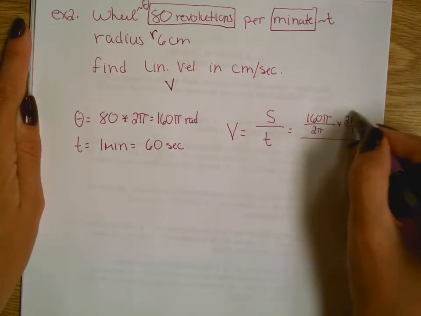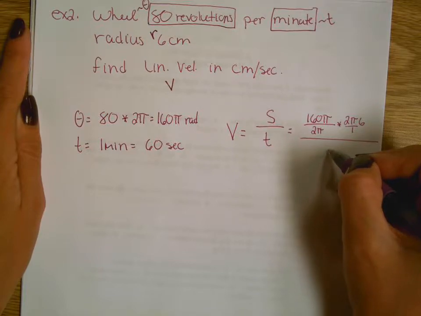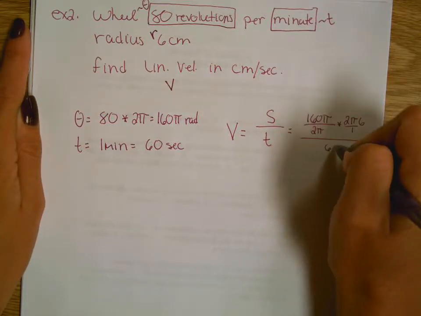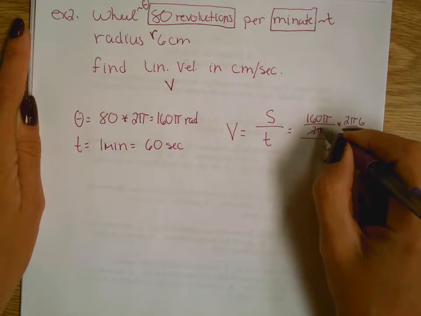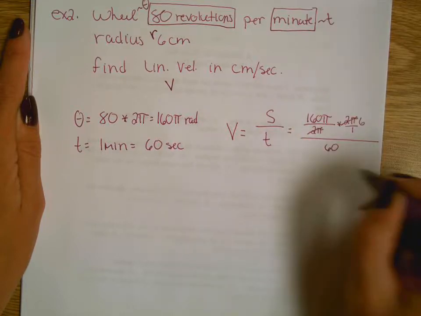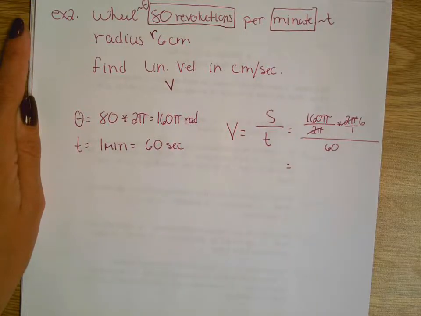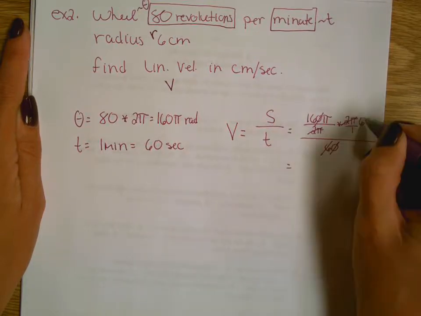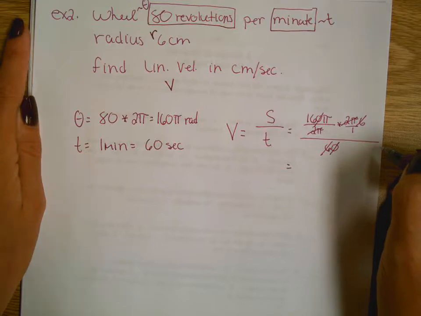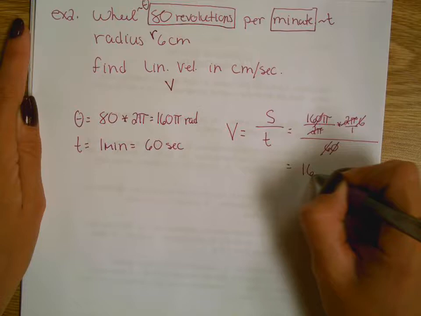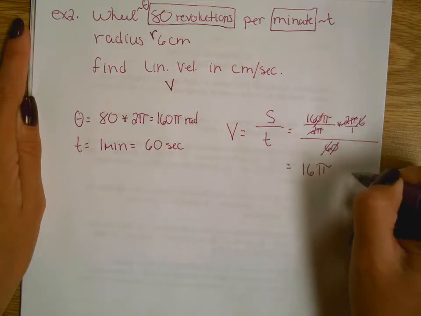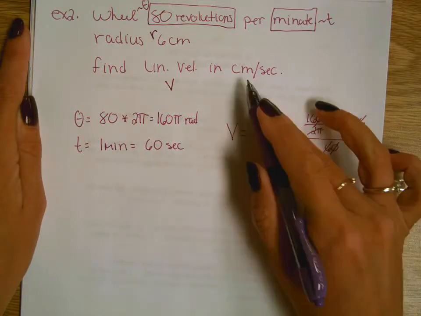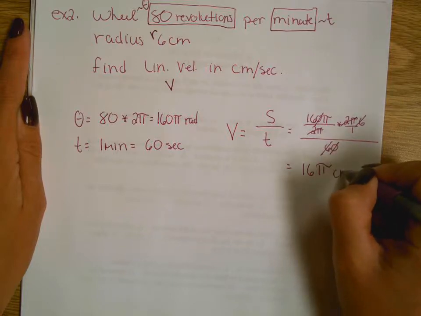So this is fraction times circumference, divide by time, 60 seconds. Get rid of a 10, get rid of a 6, oh, I got to cancel away. I got 16 pi. Anybody else? Good. 16 pi what? Yeah, they gave you the label this time, centimeters per second.